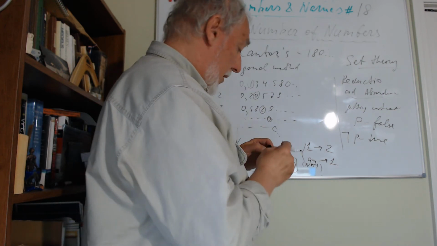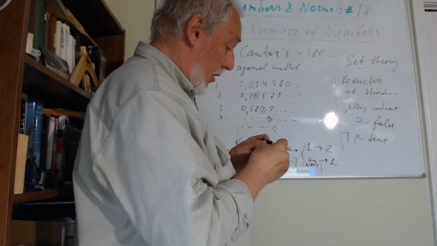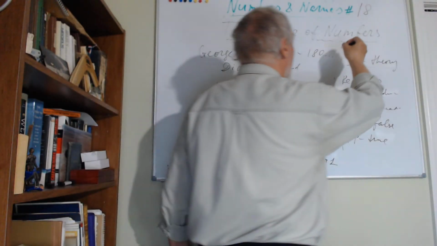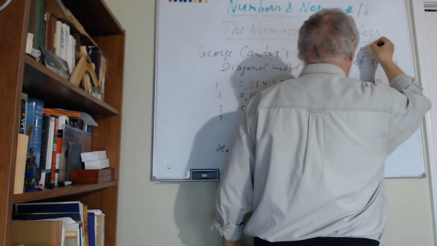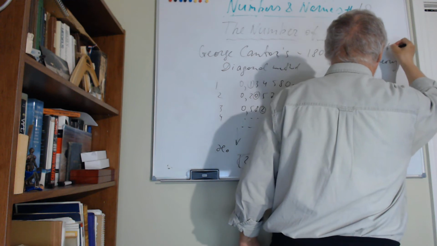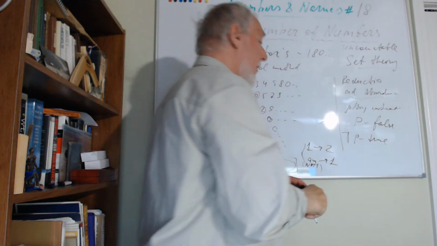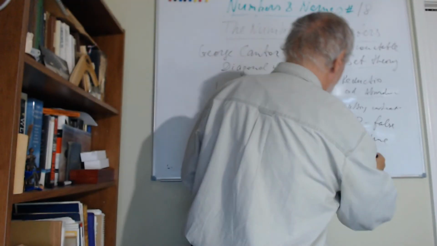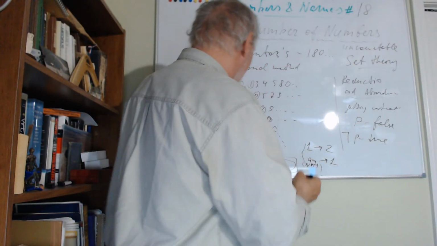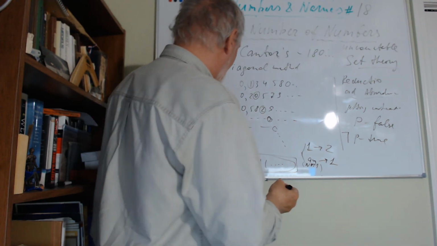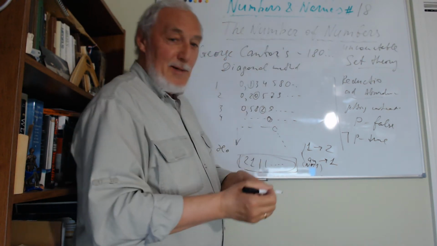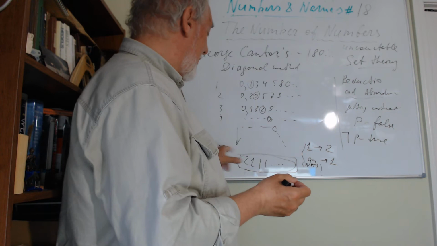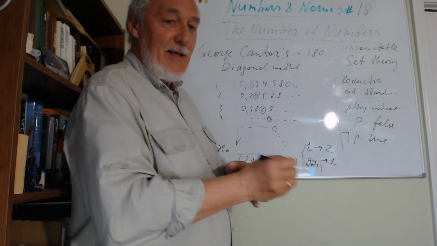And then was born the idea of non-countable, or uncountable, numbers. And the first uncountable number was called, any idea how it was called? The countable is aleph null. And uncountable?